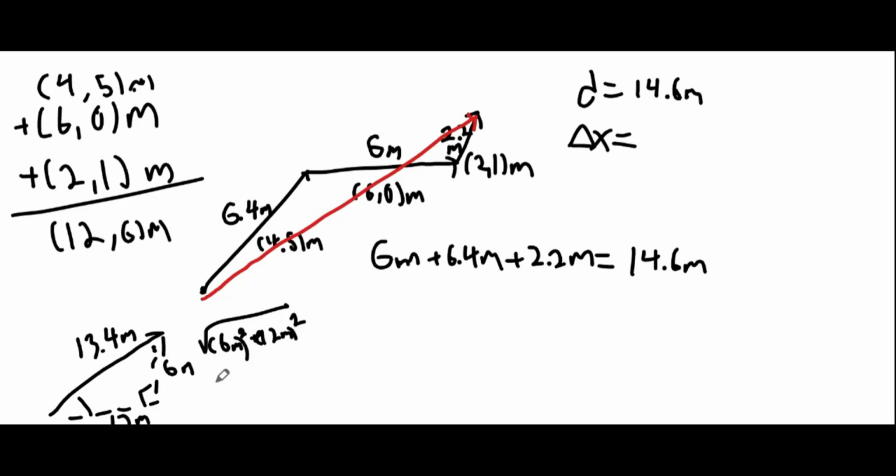And then, to get this angle theta, we just do the inverse tangent of the opposite over adjacent, which is going to be 6 meters over 12 meters, or 1/2. Once we do that, we find that our angle is 26.6 degrees.